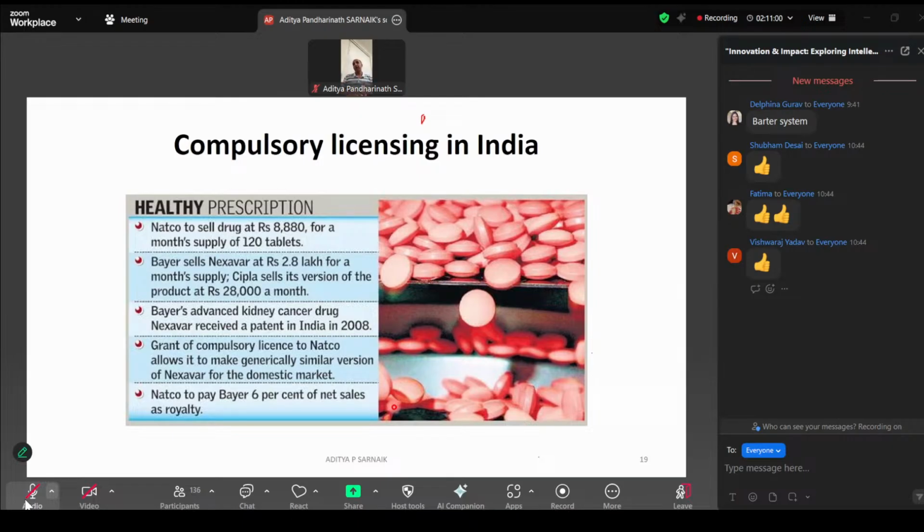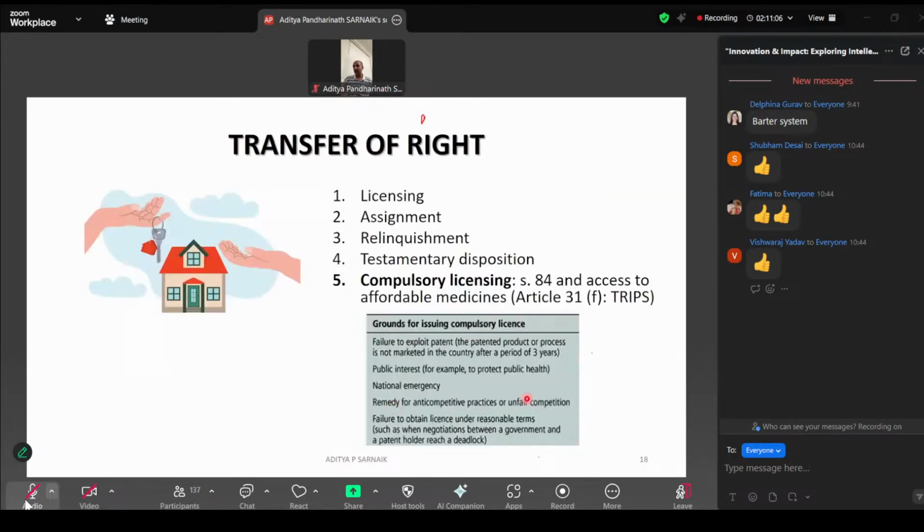compulsory licensing. Now this is for distributing these drugs within Indian territory. According to the Doha Declaration and Article 31F of the TRIPS Agreement, you can actually go for compulsory licensing to distribute drugs to the underdeveloped countries.